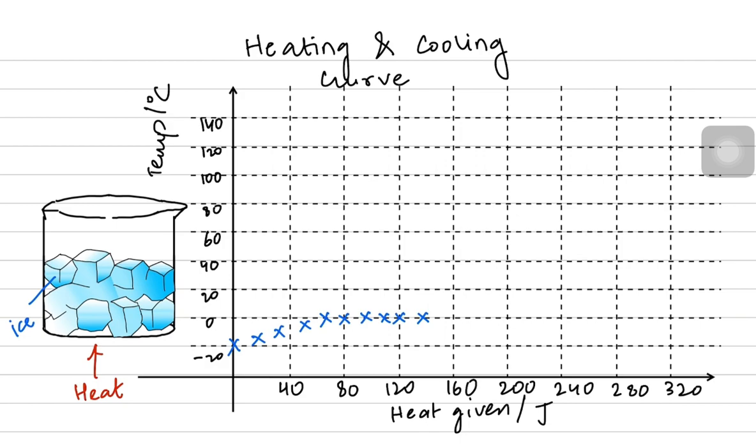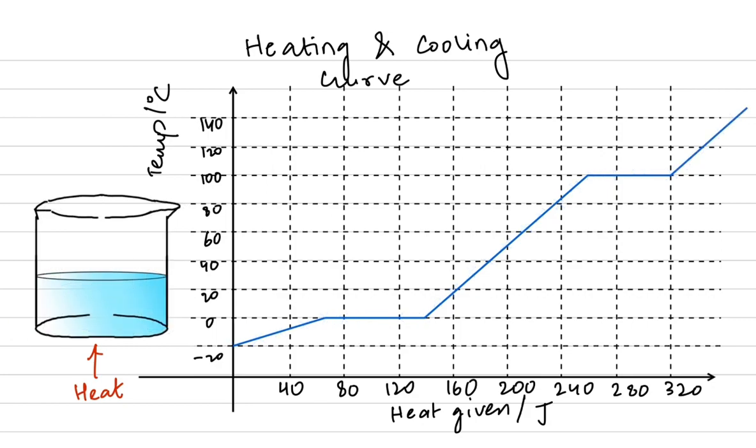So there's an increase, there's a constant, and then it starts to increase again. It keeps on increasing until it reaches 100, and then it becomes constant again, and after a while it starts to increase again. We need to understand why this is happening.